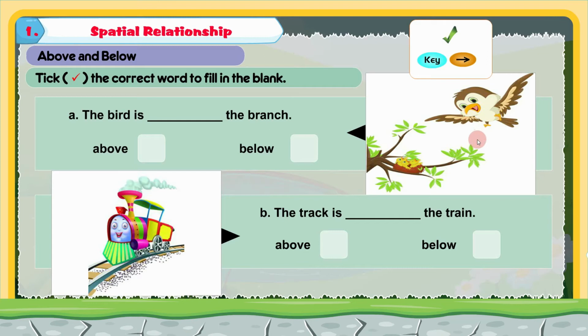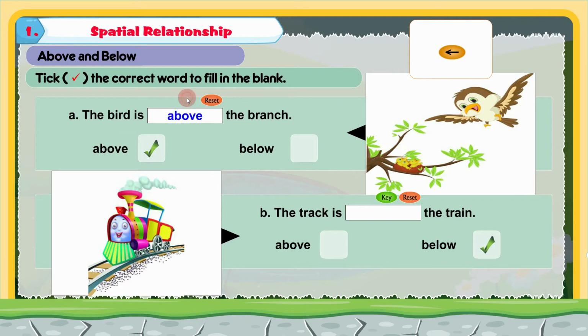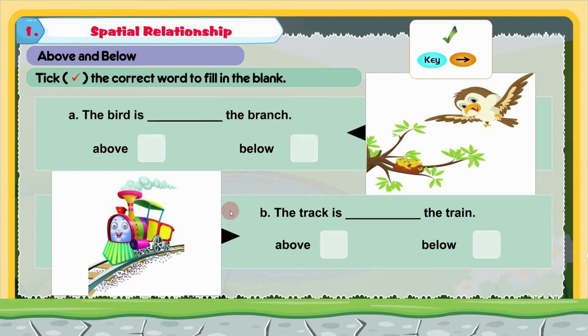So the bird is above the branch. We will tick here the above option and write above here.